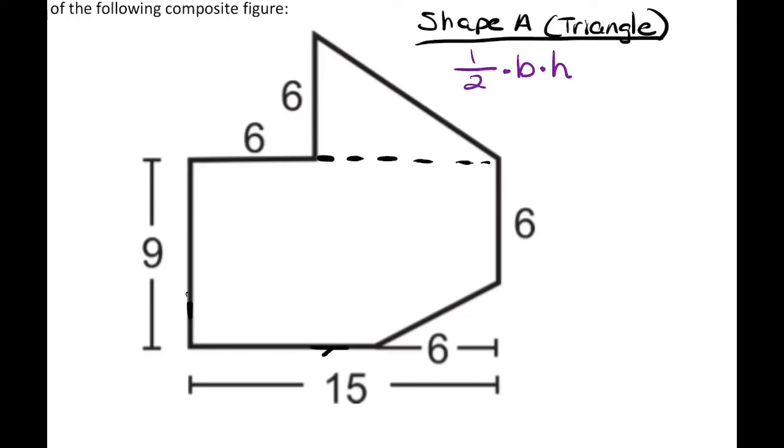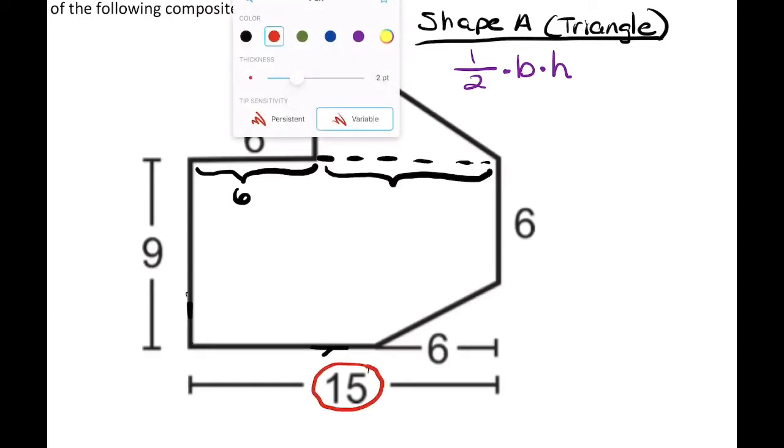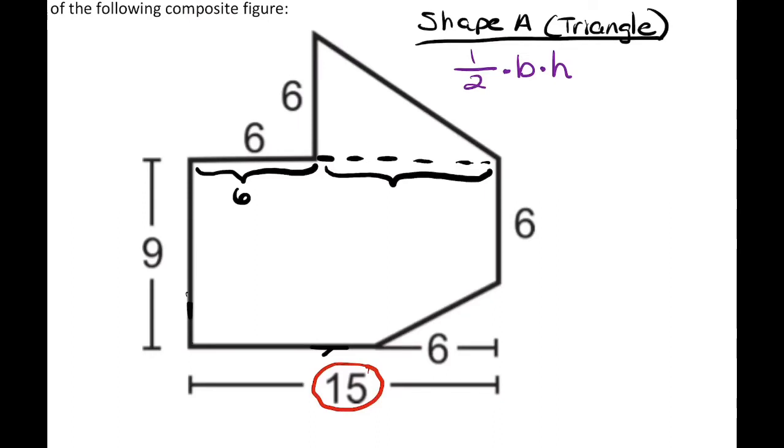All right, well, we know that from here to here, that is 6. And then we're looking for that right there. Now what I'm going to do, my eyes are instantly drawn down to this number right here, because that number 15 represents the distance from here, and then this doesn't go all the way, but it goes from there to there.